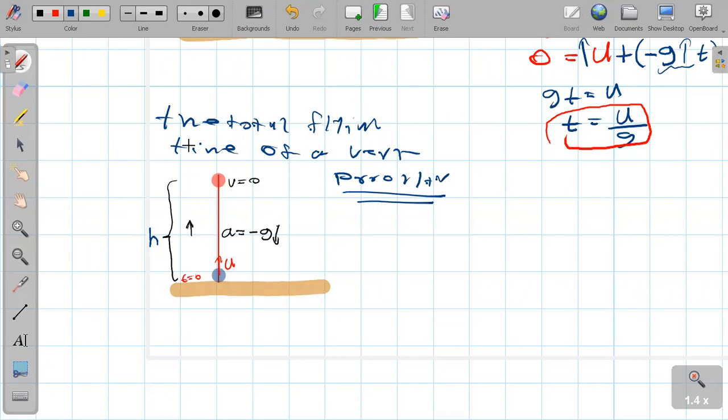Now, the total flying time. For the total flying time, I have to draw a new image. Actually, I'm going to draw a new one.